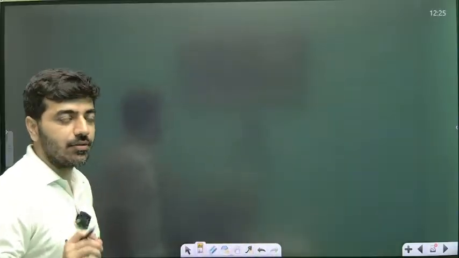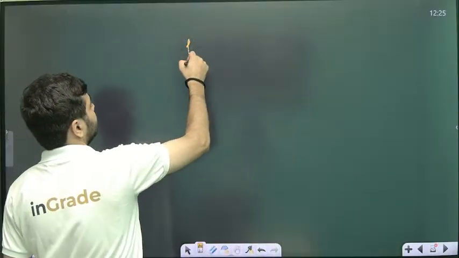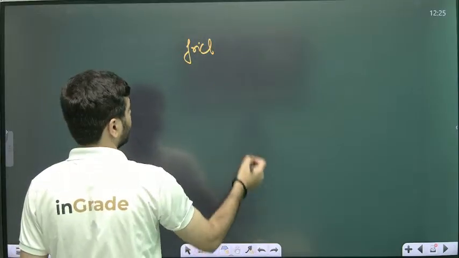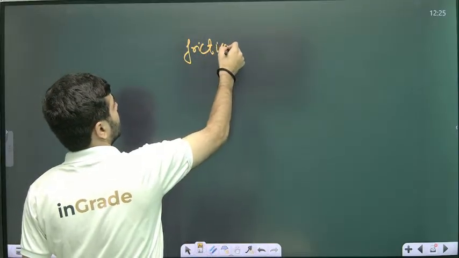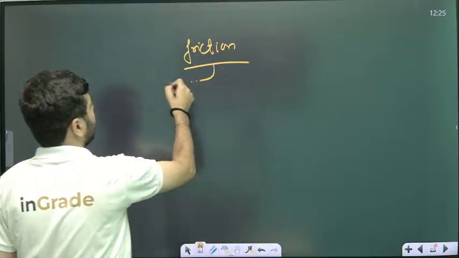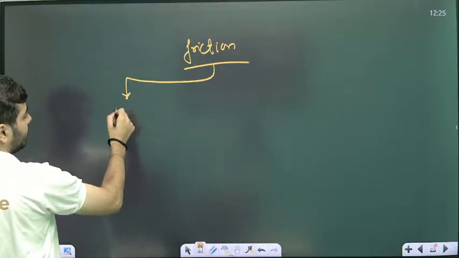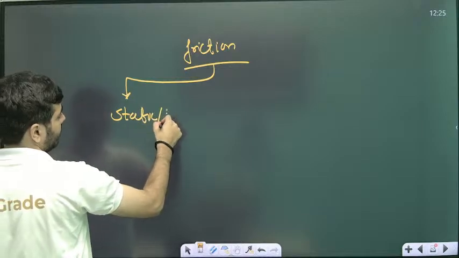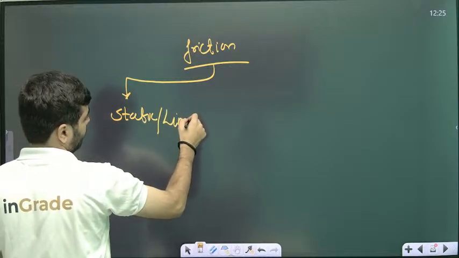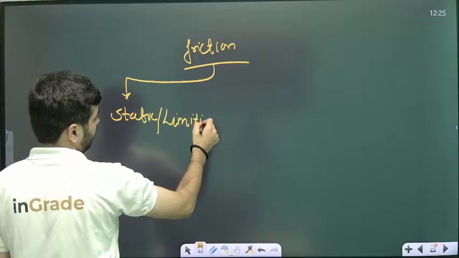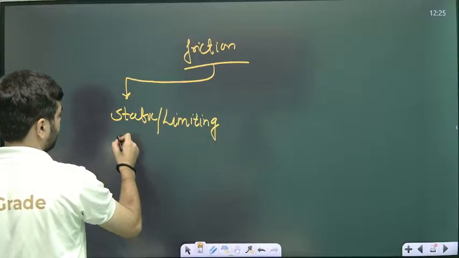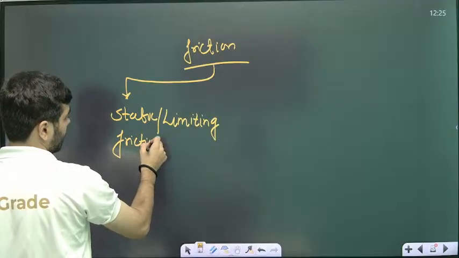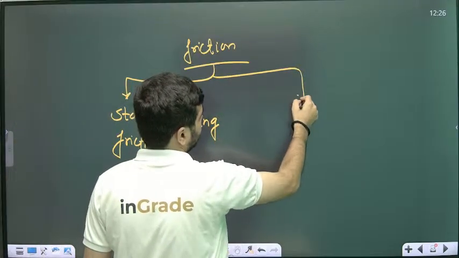What I have taught you, we have two types of friction. First we have a static friction or limiting friction. And next we have a dynamic friction or kinetic friction.